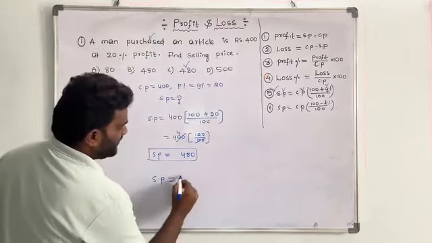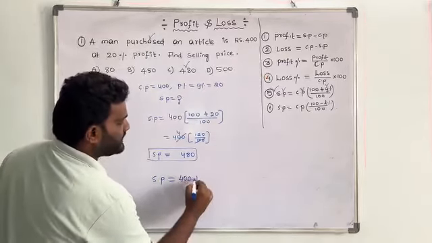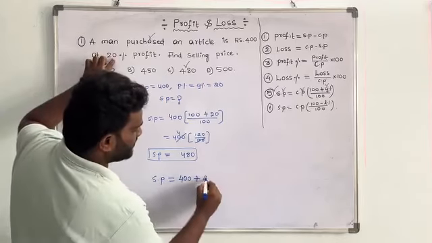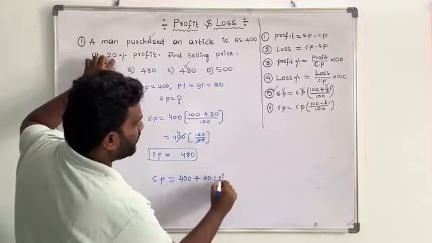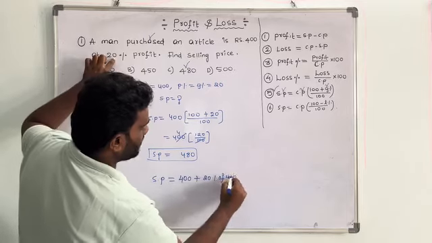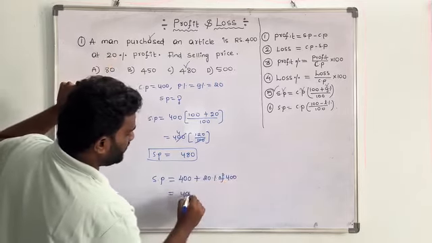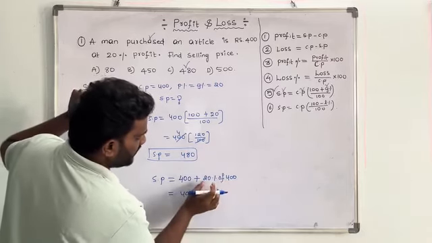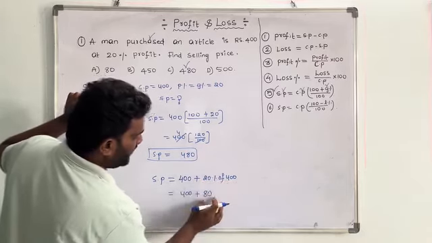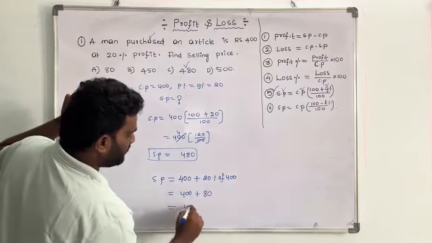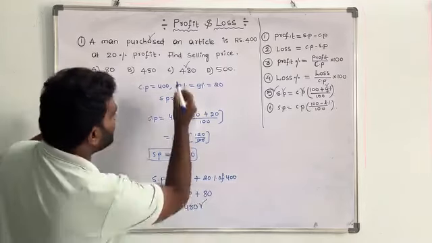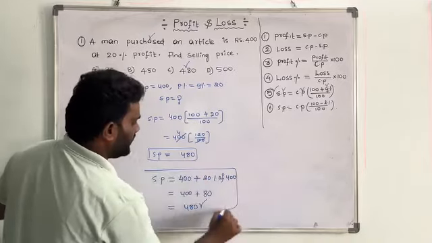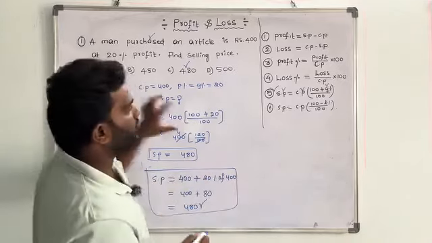So simply the selling price will be 400 plus 20% of 400. 20% of 400 is nothing but 80. Adding this gives 480. So option C is the right answer. This is the short trick, and the other is based on the formula.